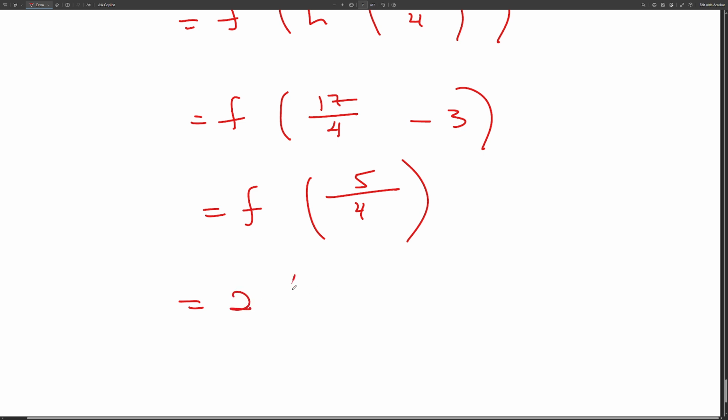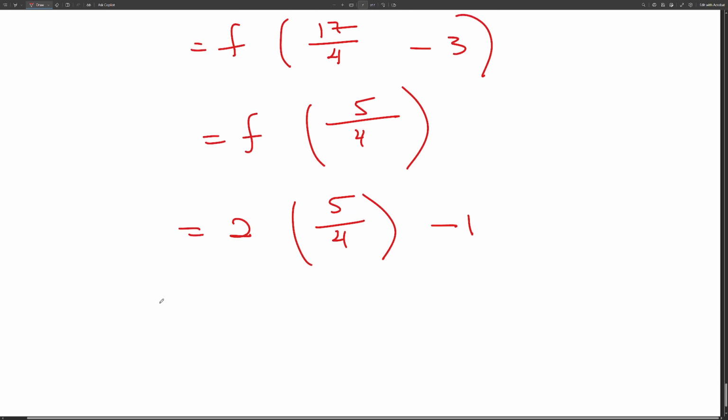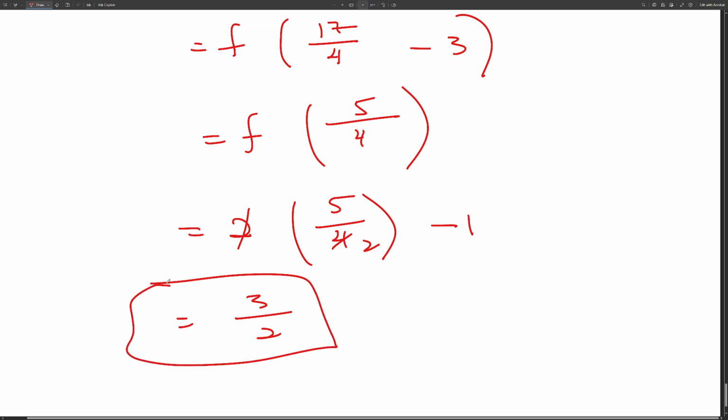So 2 times x, which is 5 upon 4, minus 1. And this 2 is going to cancel with the 4, so 5 upon 2 minus 1, that's equal to 3 upon 2. And this is my answer here. So these were the solutions for the first coursework exam.